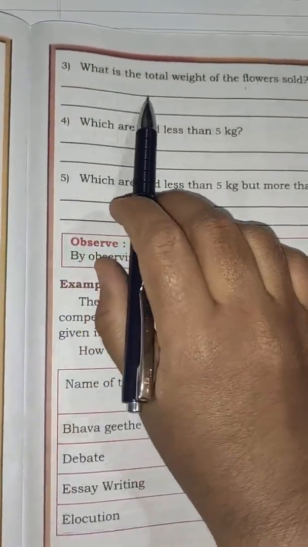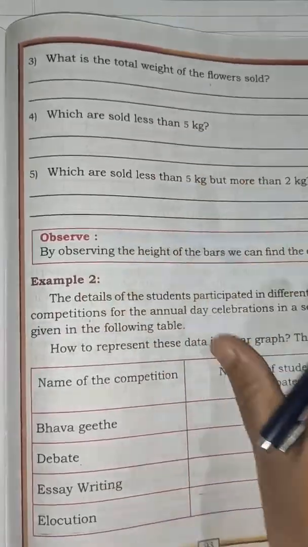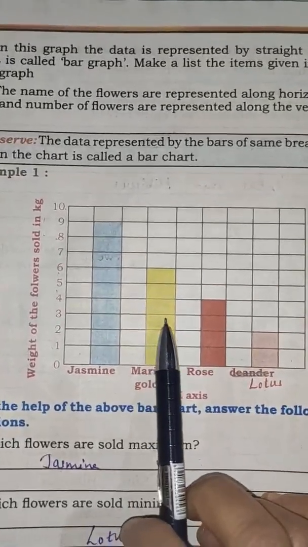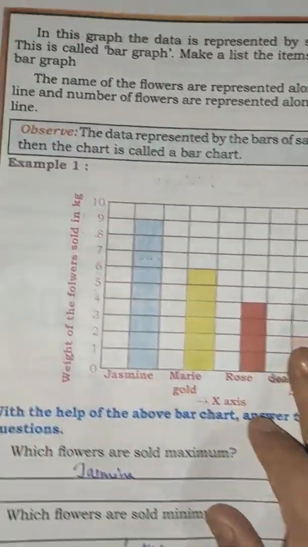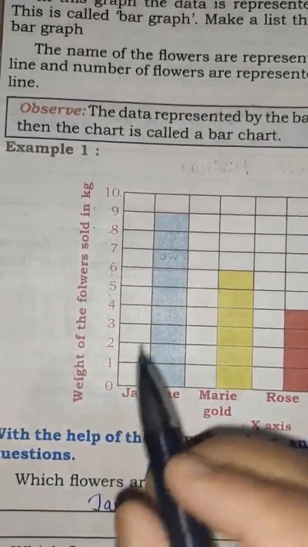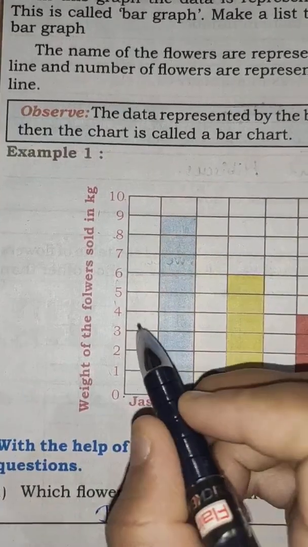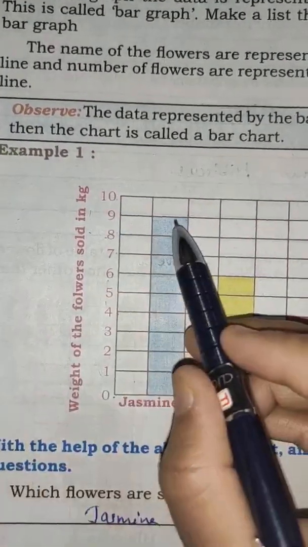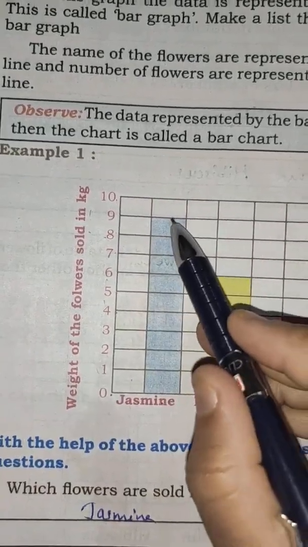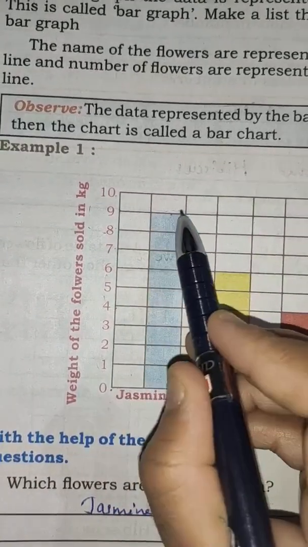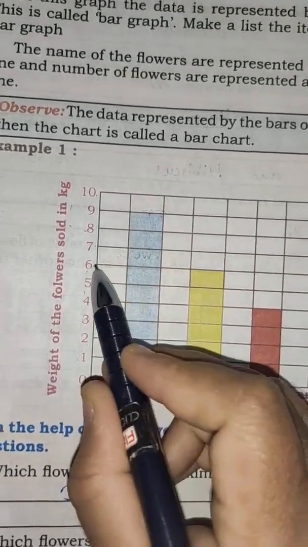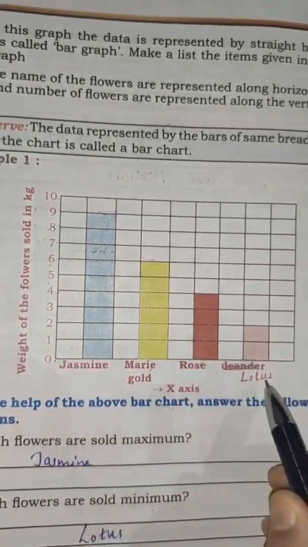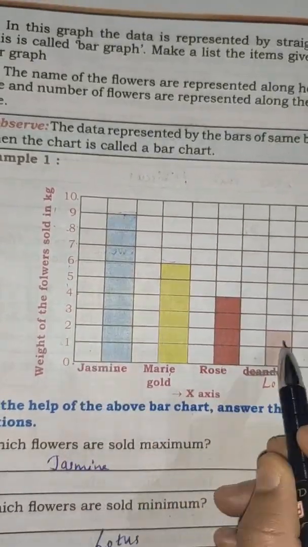Third one. What is the total weight of the flowers sold? So children, here it is 0, 1, 2, 3, 4, 5, 6, 7, 8, 9, 10. Here jasmine sold 9 kg. Next marigold 6. Rose 4. Lotus 2.